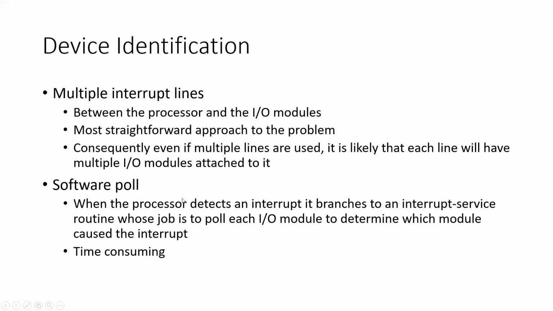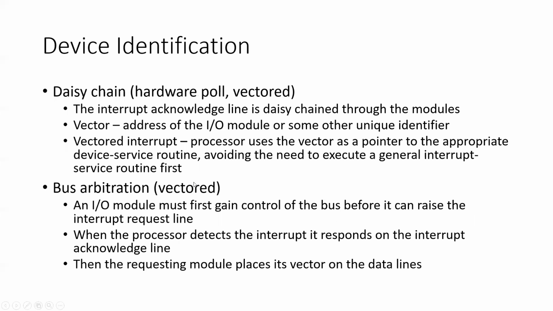So we could look at doing a hardware poll through a daisy chain. And there are two approaches, the hardware poll and the vectored. The vectored is where the address of the IO module or some unique identifier is stored, and the processor uses this vector as a pointer to the appropriate service routine.